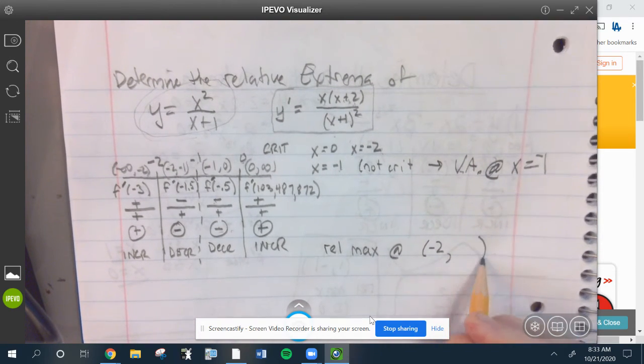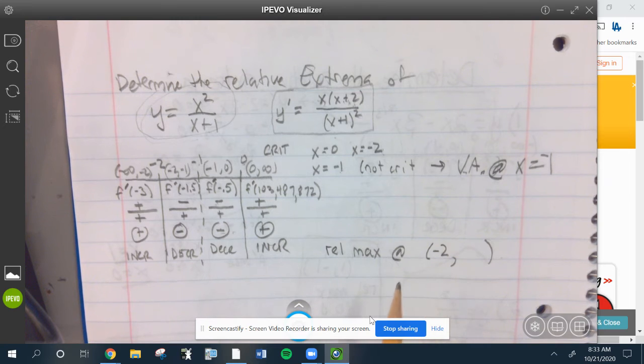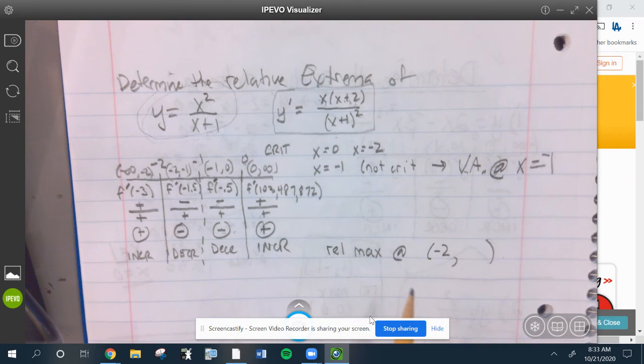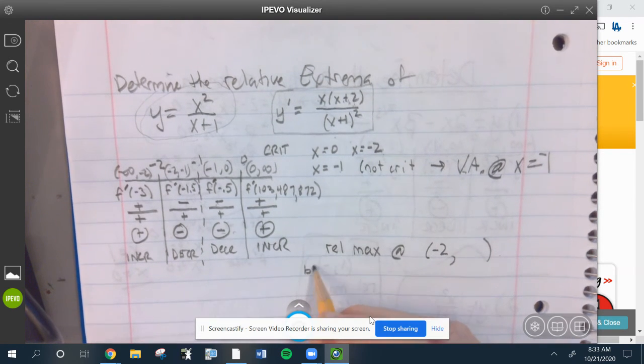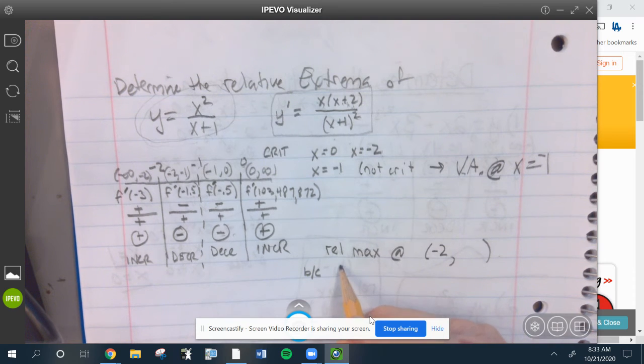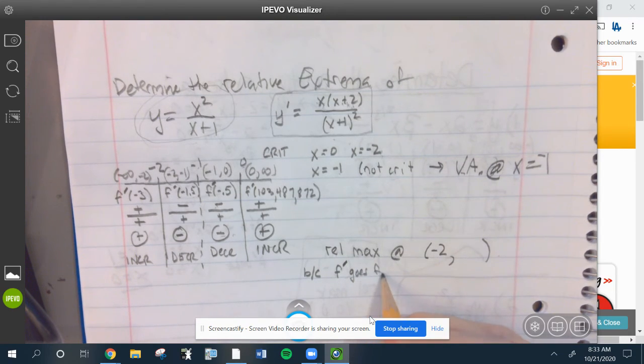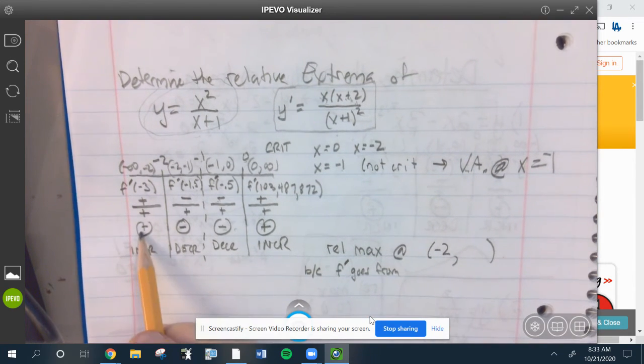Now, if you're taking the AP exam, I want you to look at the justification I'm going to use. The only way to justify a relative max at this point is because the derivative, you had to put it in terms of derivative, goes from positive to negative.